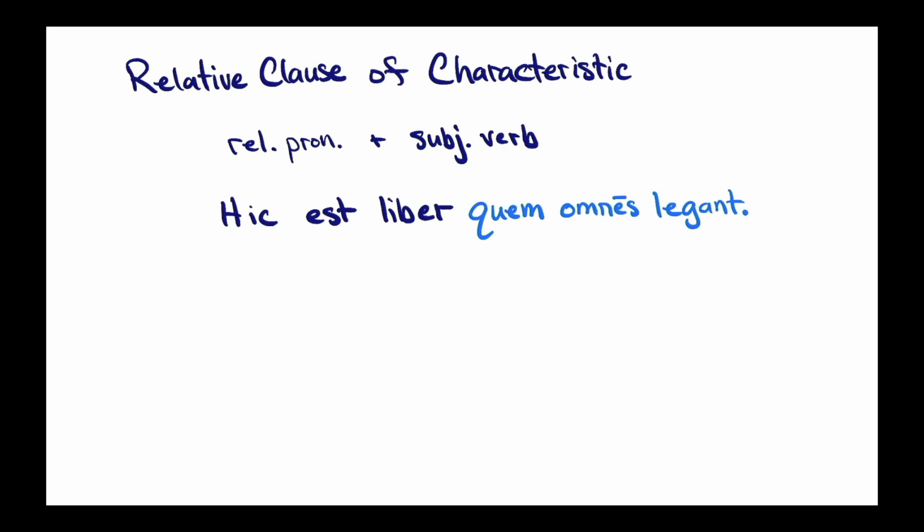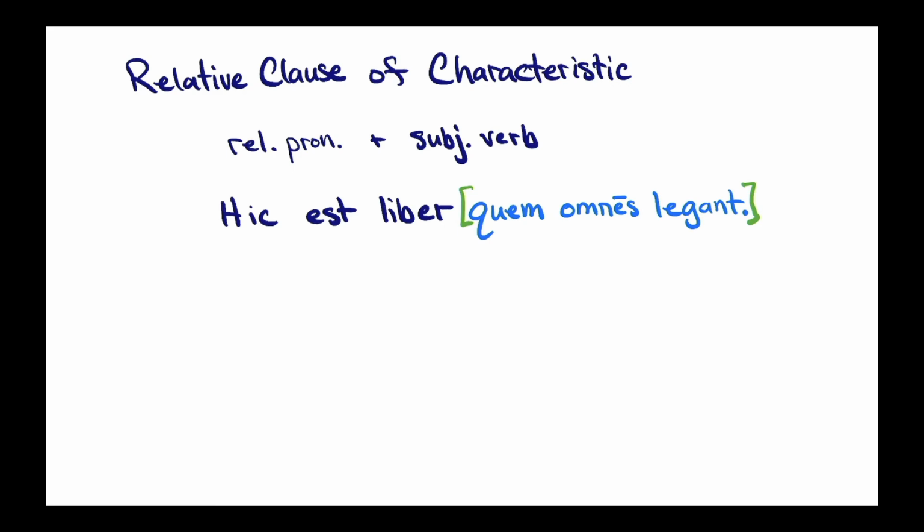Quem omnes legant. So again, hic est liber, quem omnes legant as our relative clause. And again, it's describing the book. And we could translate this somewhat woodenly as, this is a book that all would read.